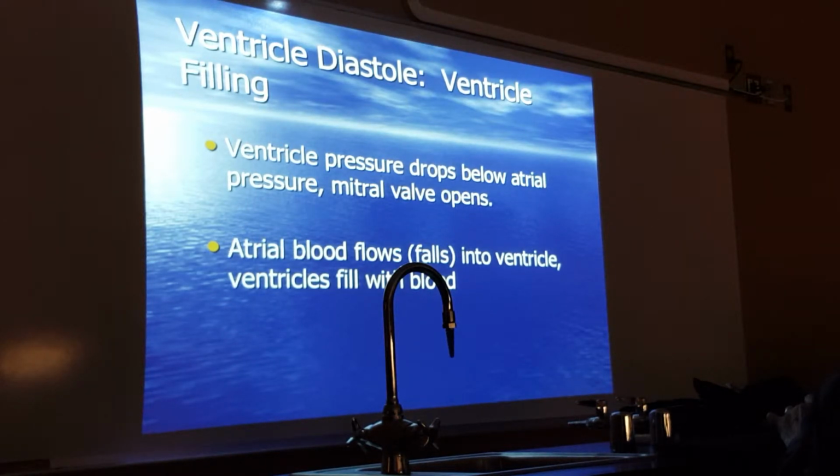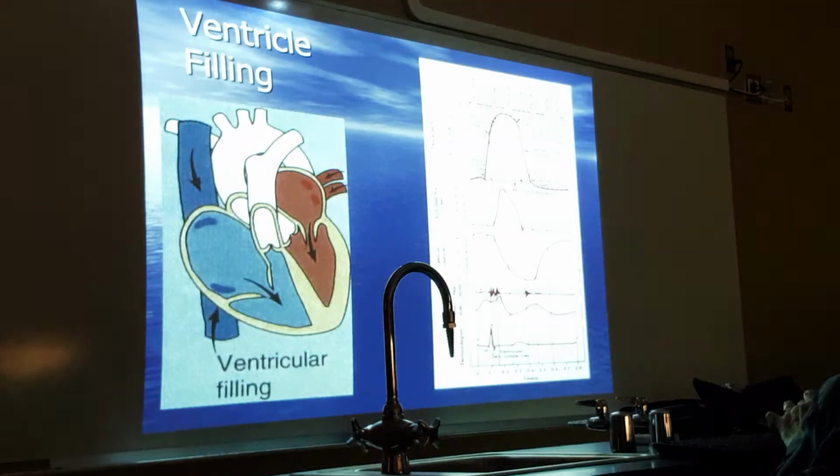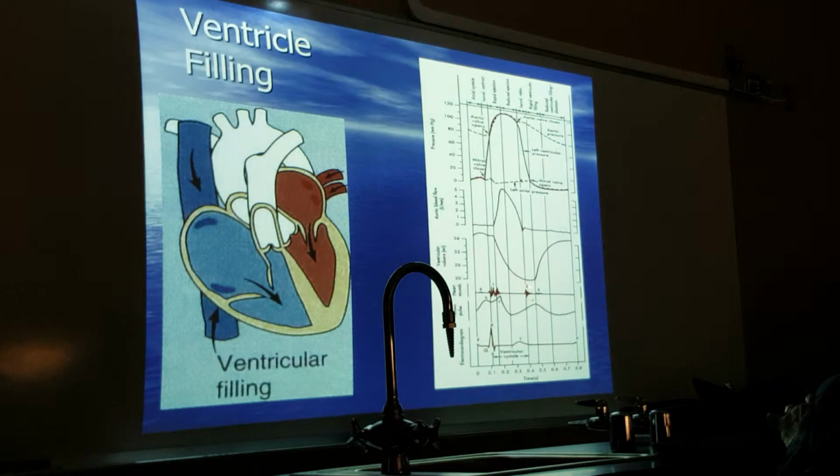Ventricle pressure drops below atrial pressure, mitral valve opens, blood falls into the ventricle, a whole bunch of it, as you can see there. Ventricle filling. The AV valve opens, and the blood that was running into the atrium falls into the ventricle.